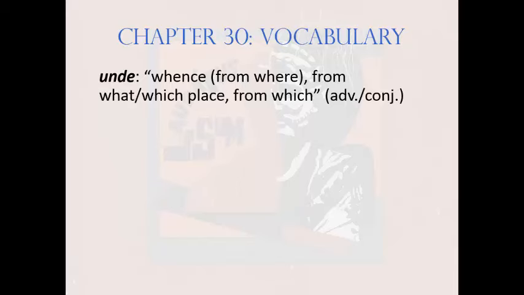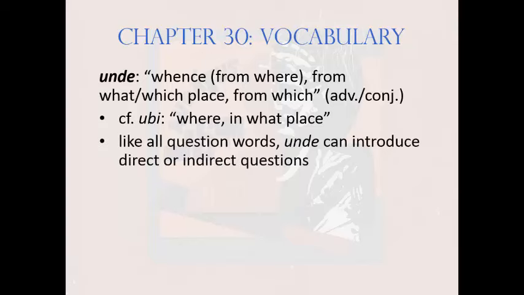Idiocy is contagious. Always wear a mask, whence you can filter out airborne syntactic infections. Unde is a close relative of ubi, except that ubi means where, in what place, where unde means whence, from what place. Unde can introduce questions, both direct and indirect.